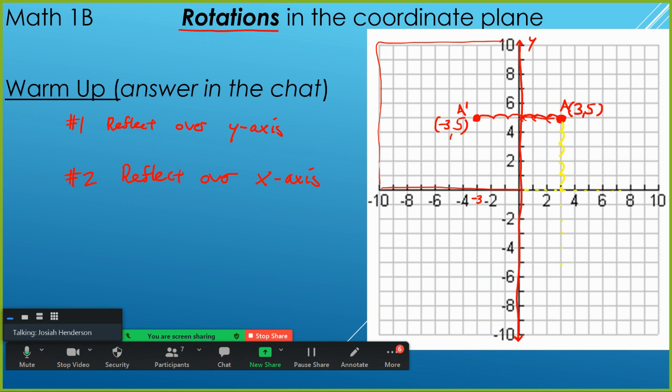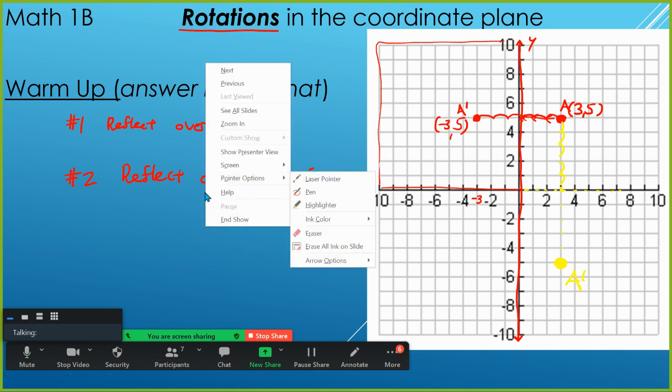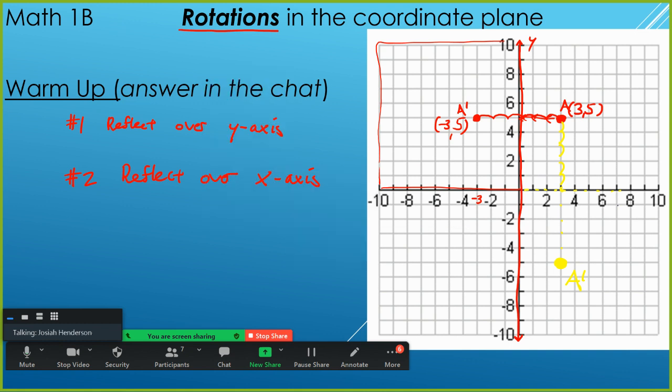And you shouldn't be moving it left or right because then it doesn't look reflected over that line any longer. Make that big since it's kind of harder to see. So here's that A prime. And you can find its location. It's at 3, negative 5. And you can compare that using the rules we found yesterday.